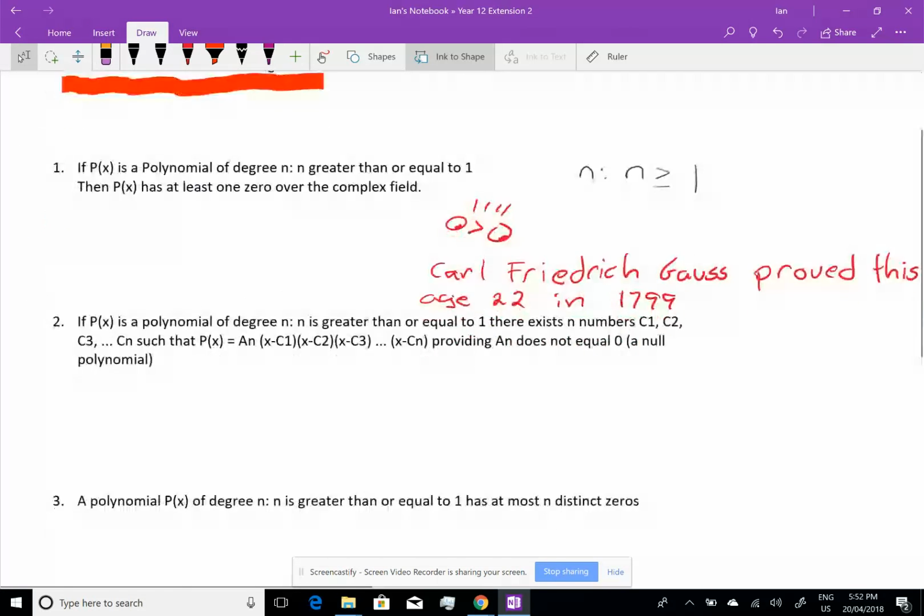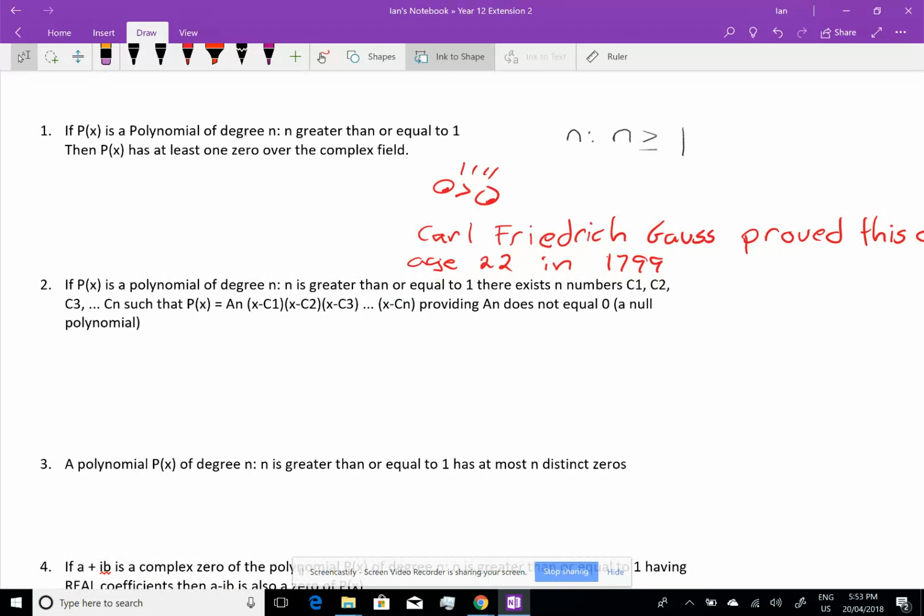Okay, so the second one. If p of x is a polynomial of degree n, where n is greater than or equal to 1, there exist numbers c1, c2, c3, and so on up to cn, providing the a out the front does not equal 0, which would give you a null polynomial, p of x equaling 0.